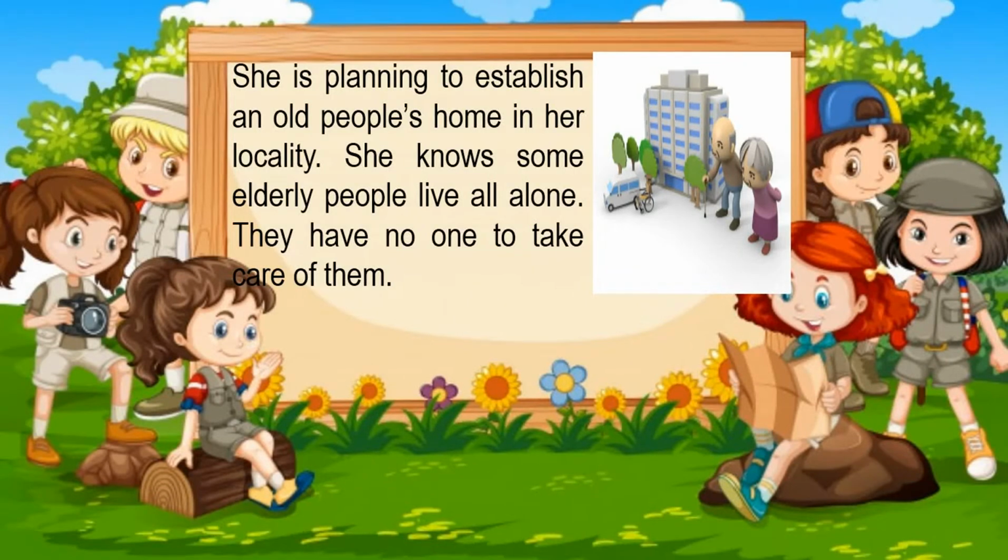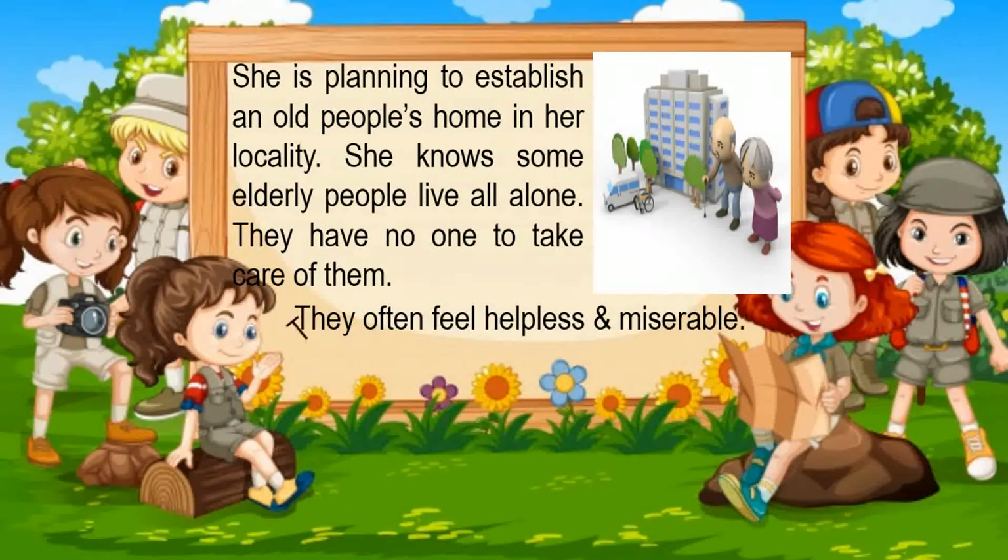She knows some elderly people live all alone. They have no one to take care of them. This is very pathetic. They often feel helpless and miserable. They need care and support.